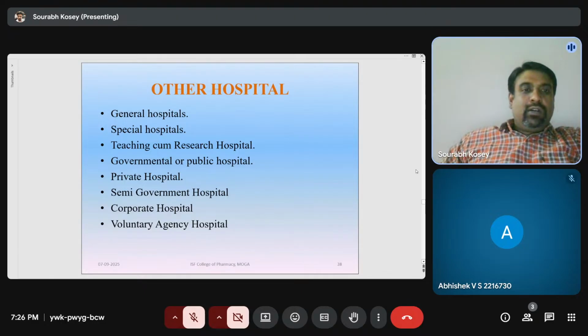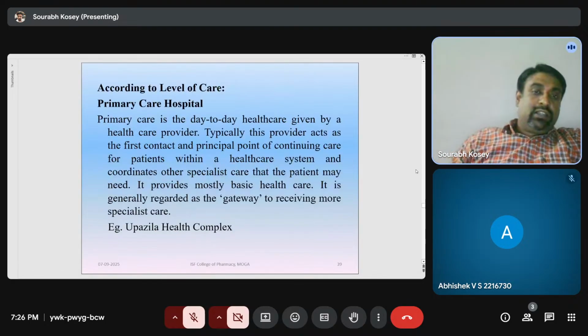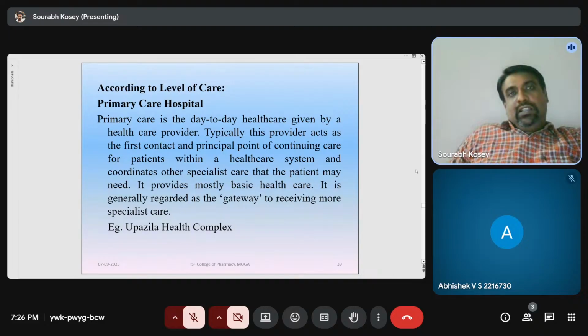Such memorial hospitals, public sector hospitals, teaching research hospitals, special hospitals, private hospitals, semi-government, autonomous, and corporate hospitals, mental asylums, voluntary agency hospitals, pediatric hospitals, geriatric hospitals, nursing homes, home care visits, then mobile hospitals and mammography vans are particularly there.